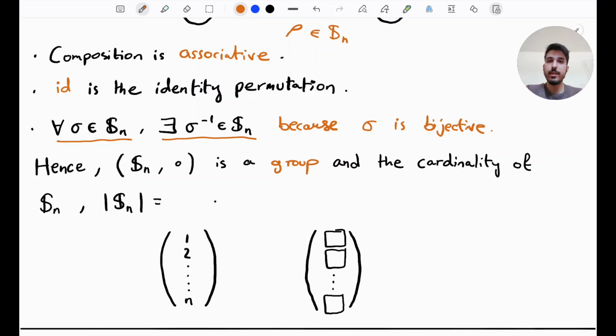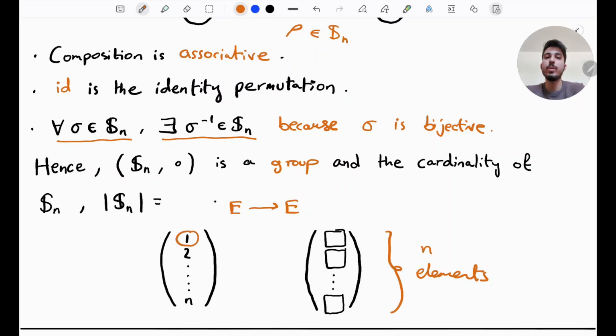So let us start by counting how many ways we can send one element to the other set here. So this set has n elements. So let us start by seeing where the permutation can send the first element.